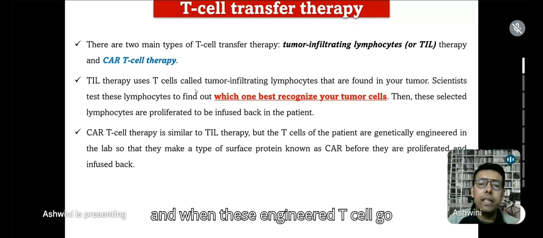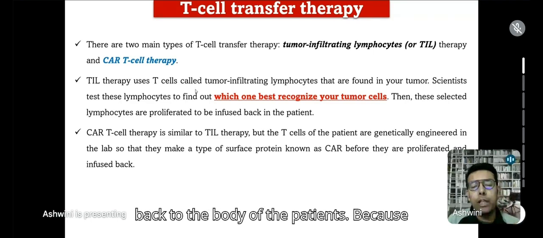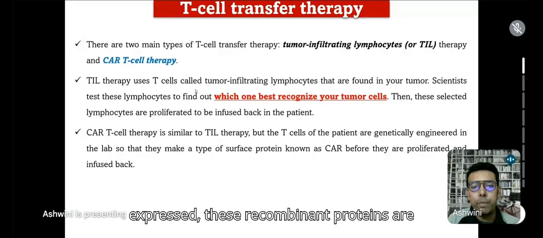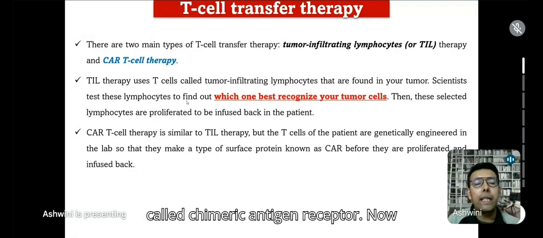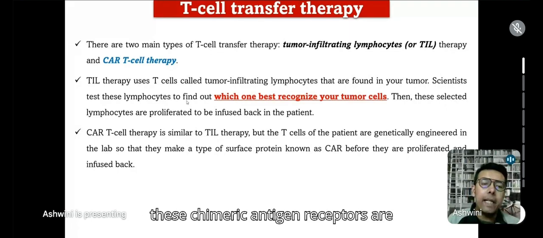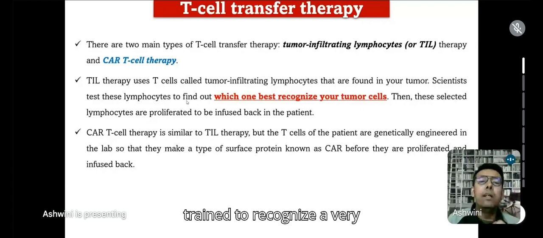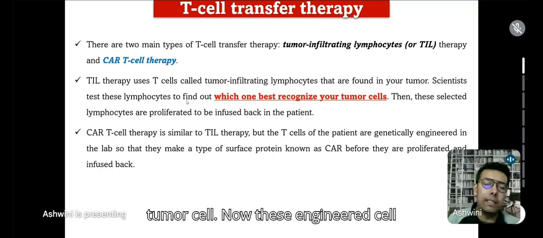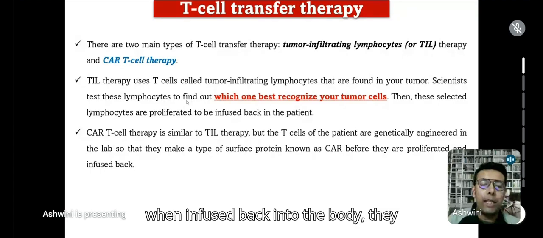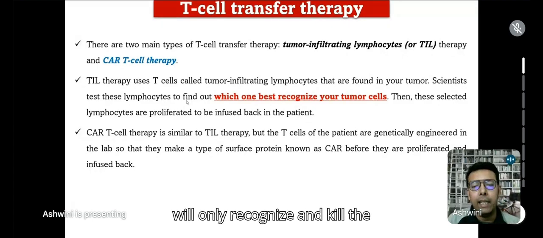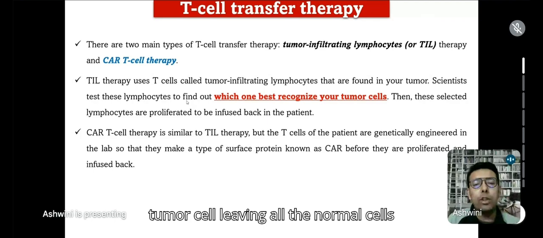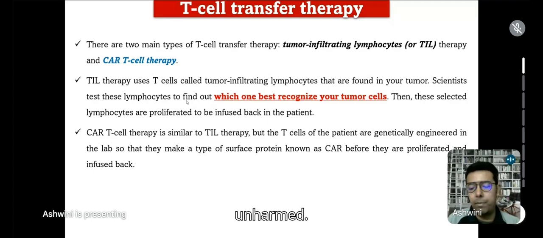When these engineered T cells go back into the body of the patient, the recombinant proteins now expressed are called chimeric antigen receptors. These chimeric antigen receptors are trained to recognize a very specific tumor-associated antigen present on the surface of the tumor cell. So these engineered cells, when infused back into the body, will only recognize and kill the tumor cell, leaving all the normal cells unharmed.